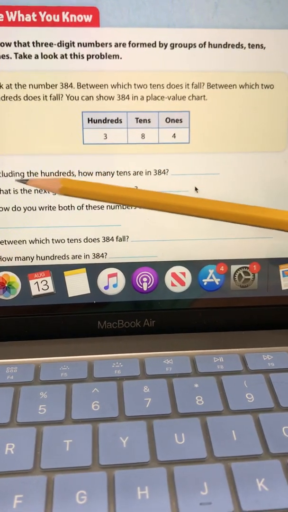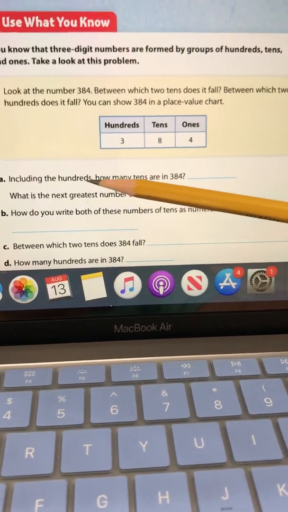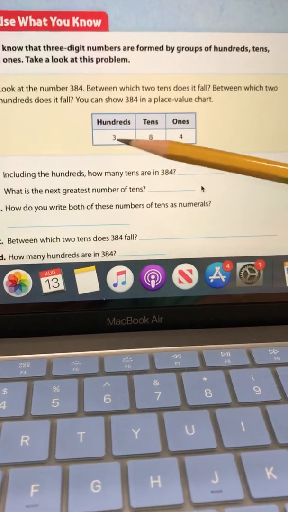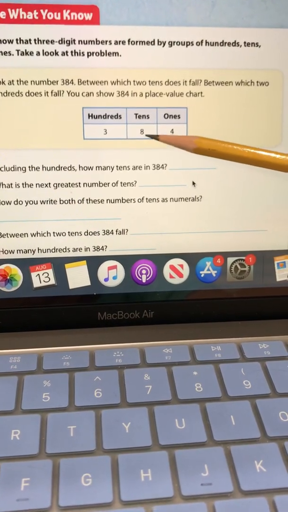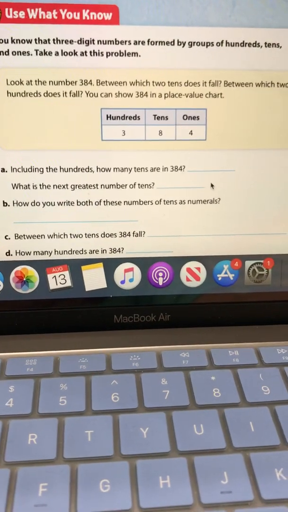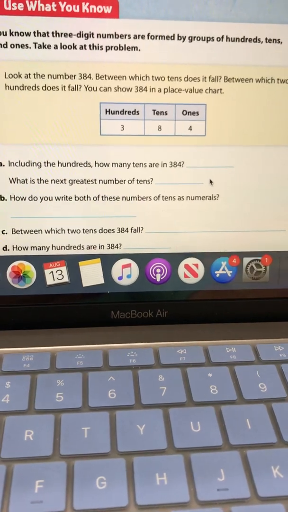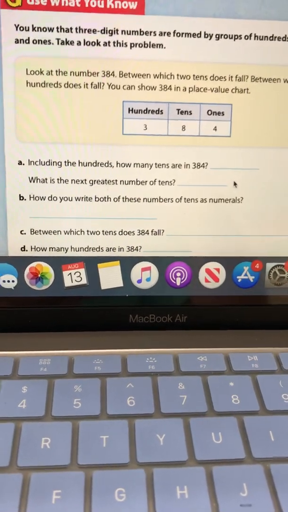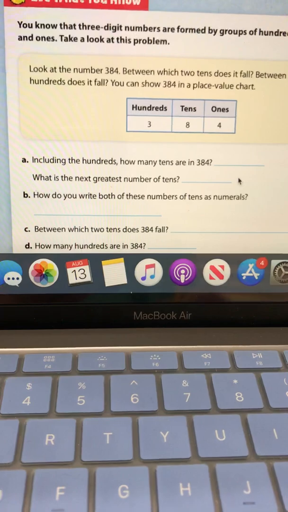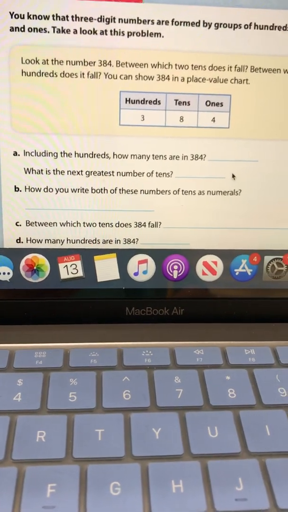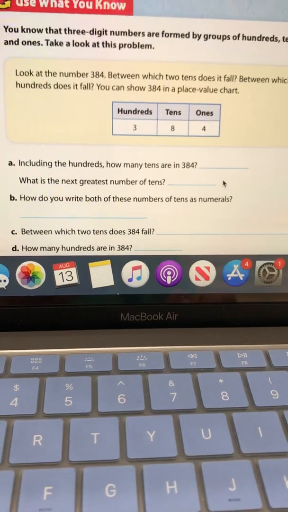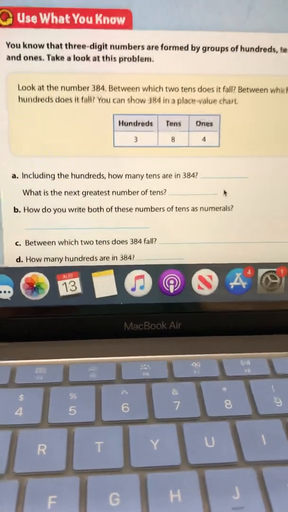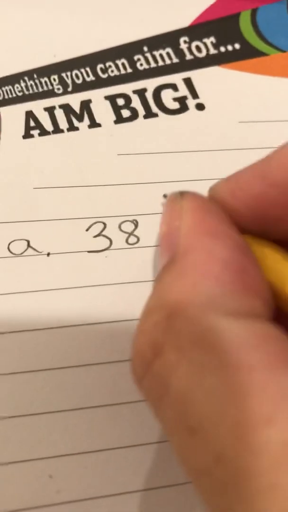But we want to include the hundreds. Include means keep it. So if I keep this 3 and I look at the tens place, how many tens would it take? If I wanted to build that using only tens blocks, what would I need? I would need 38 tens. So what I want you to write in that blank is 38 tens.